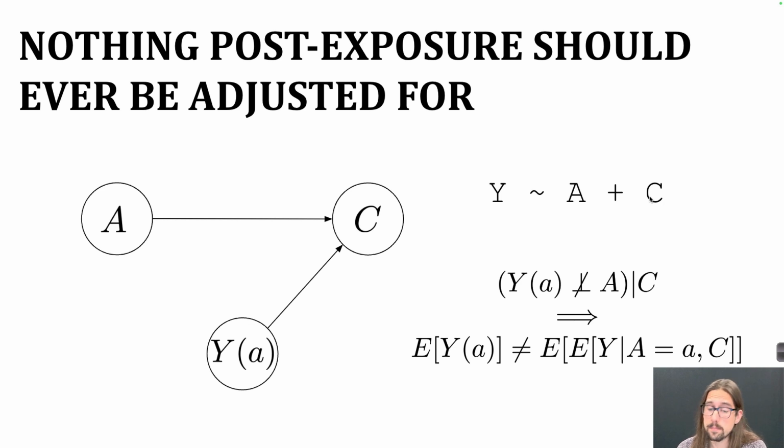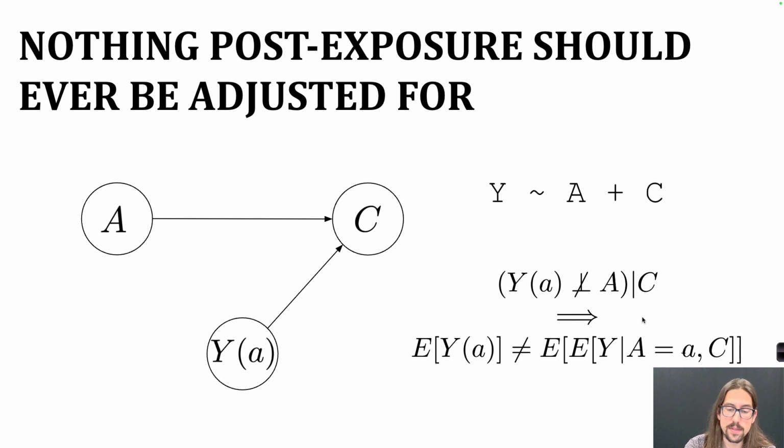The reason why is that, remember from our identification lecture, what we're trying to get is the expected value of this potential outcome to equal something that doesn't have any potential outcomes in it, where we're just conditioning on A. We saw that in order to get that, we can assume that the potential outcome Y^A is independent of the treatment given some covariates, and then this holds.